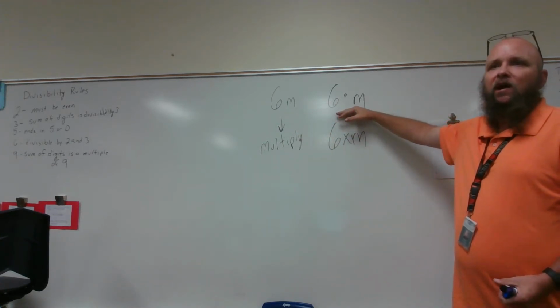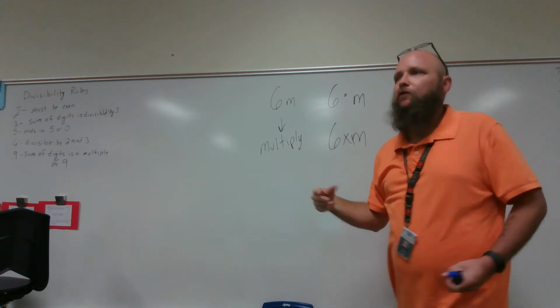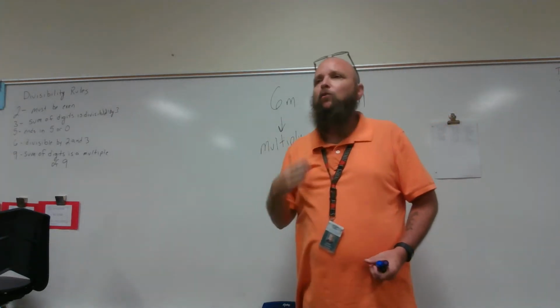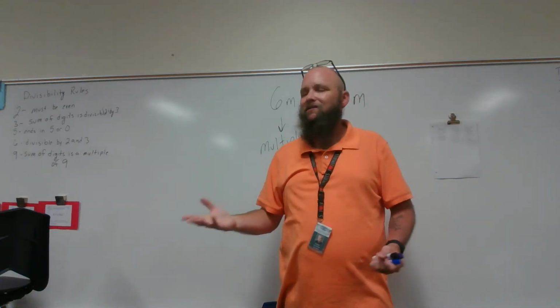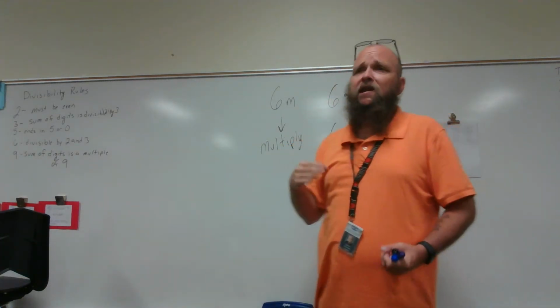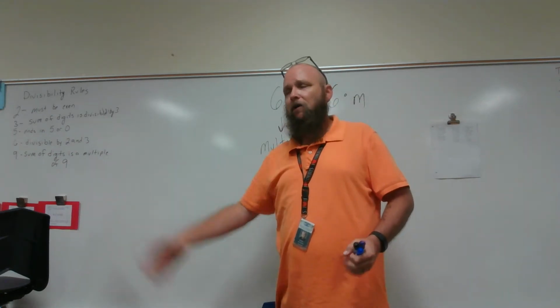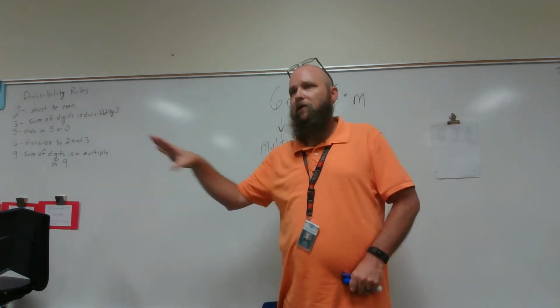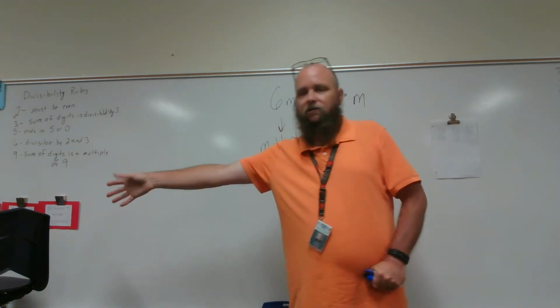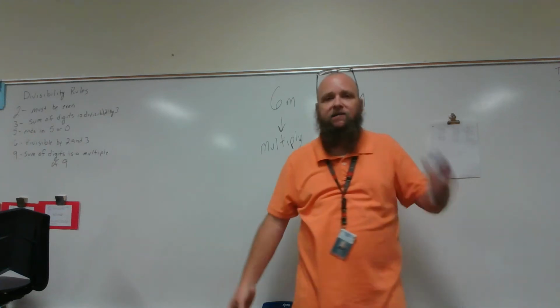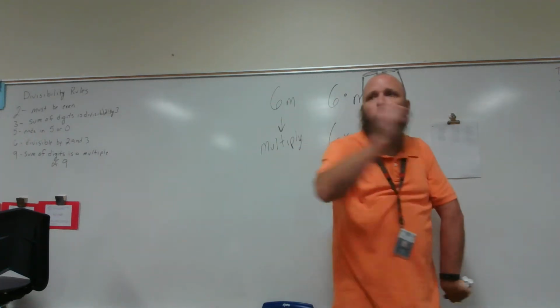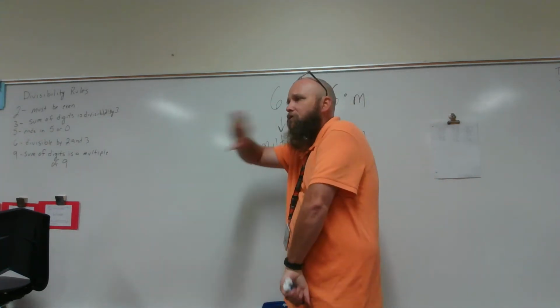The dot, multiply. And as we move on to fractions, we'll also see that the word of means multiply. Because you already know that. If I said half of the brownies, you'd multiply it by a half. 12 brownies, half of the brownies, 1/2 times 12 equals 6.